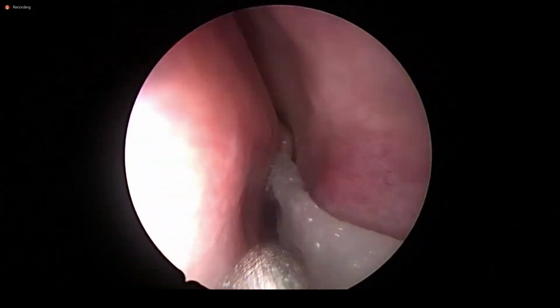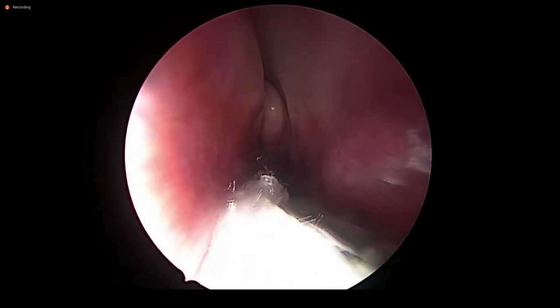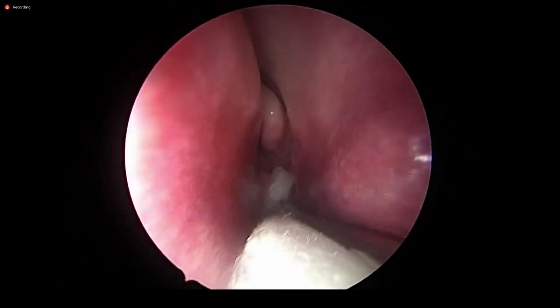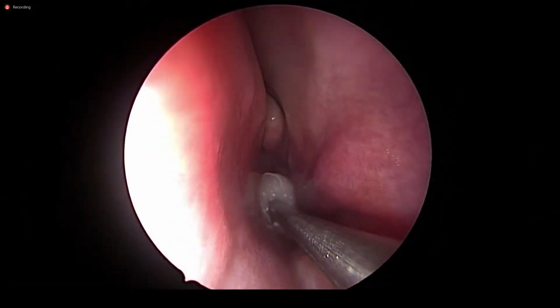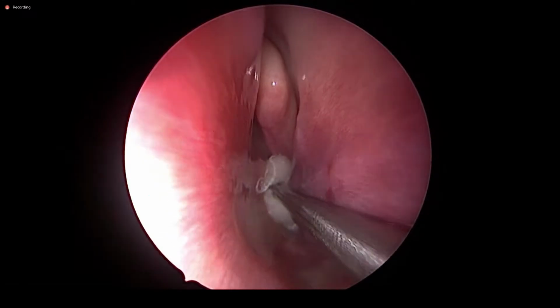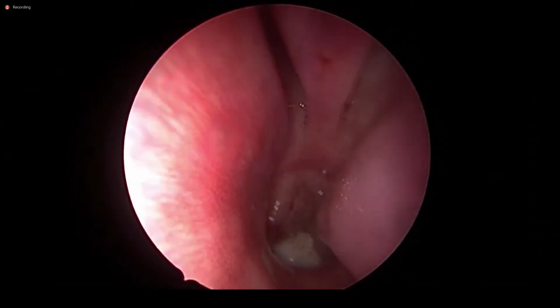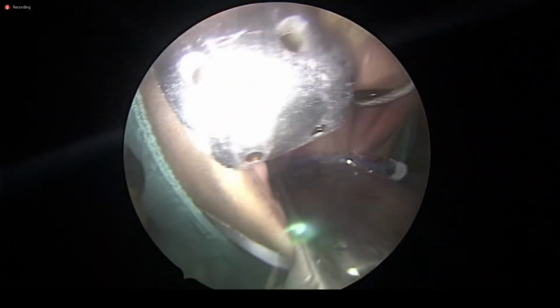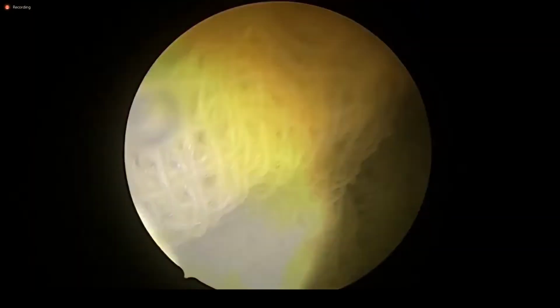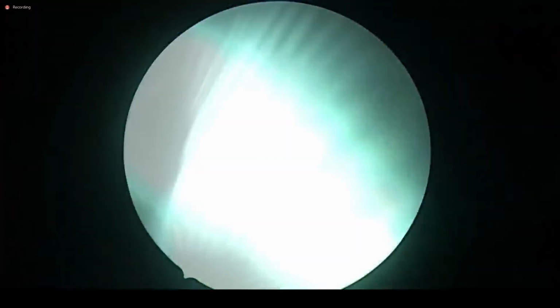See, our goal in this case is to remove the adenoids in toto. Many a time, what is adenoid? It's not a tumor. It is just hypertrophic lymphoid tissue, which is part of Waldeyer's ring in the upper respiratory airway. Once they get hypertrophic, infected, allergic, all these things promote adenoid hypertrophy, and then they are responsible for the symptoms.